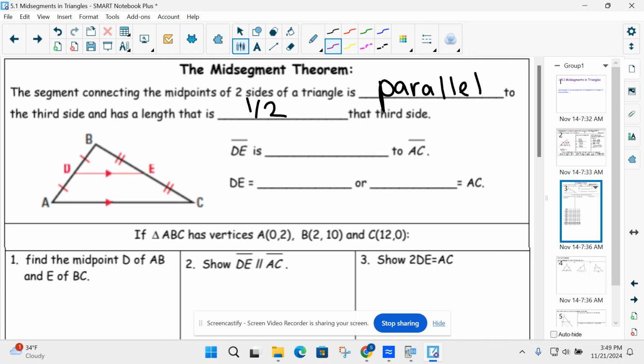So DE is parallel to AC, and DE, if we're comparing it to AC, is 1/2 of AC, or 2 times DE is equal to AC, depending on what you are given.